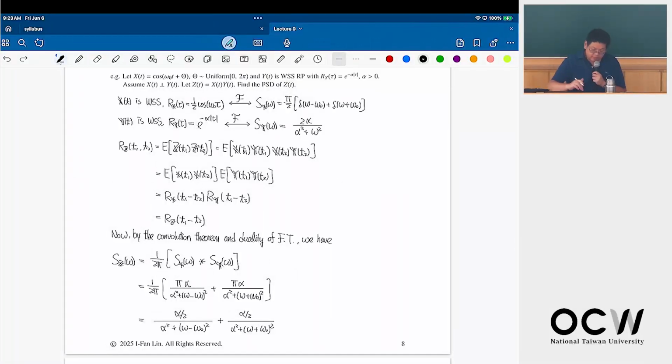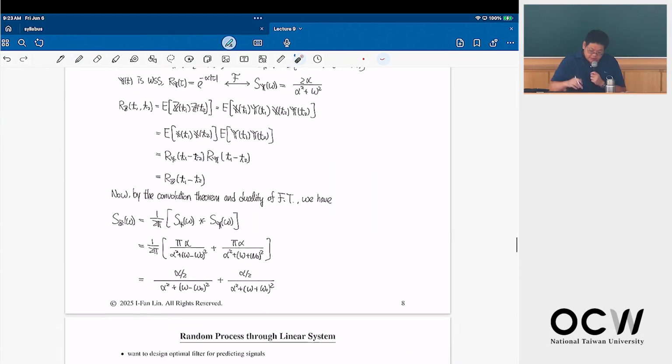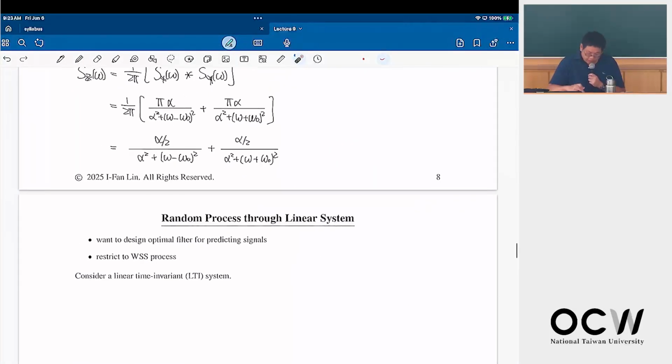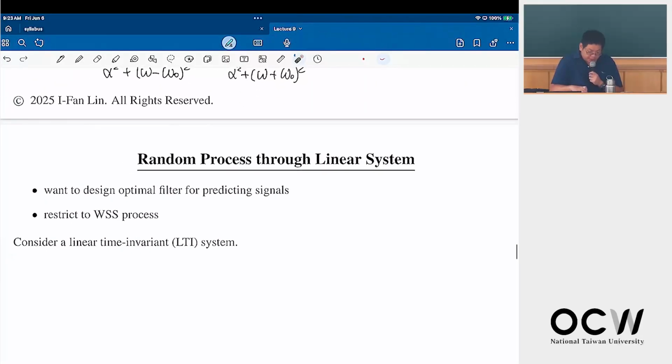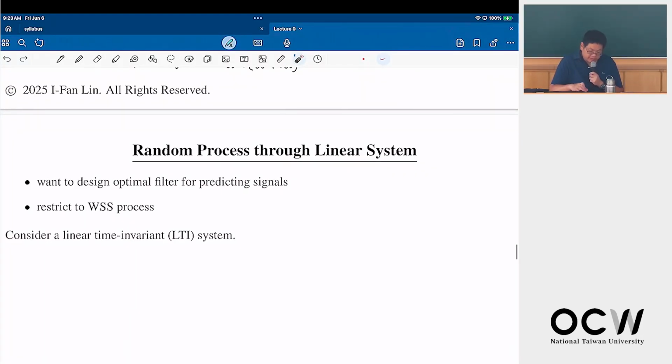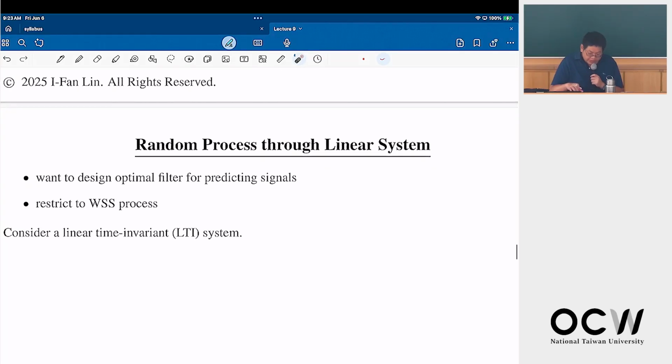Next, we're going to talk about the random process through the linear system. We can apply the random process to a system now, because we want to design an optimal filter for predicting the signals. For this method, so far we just restrict our random process to a wide-sense stationary process.